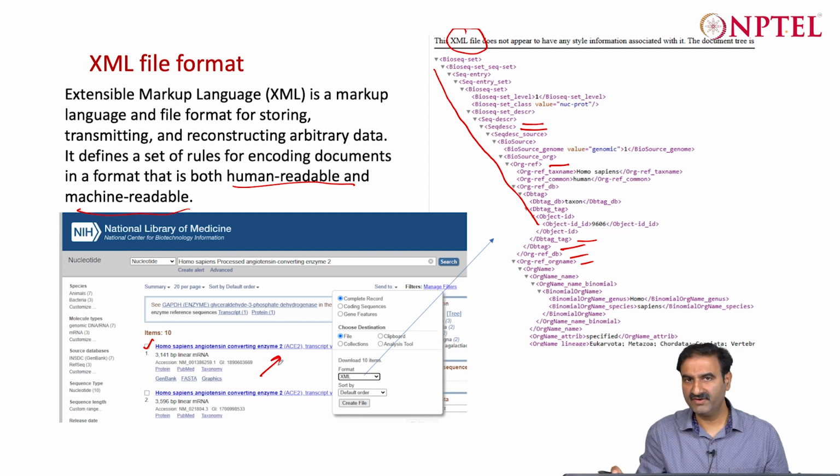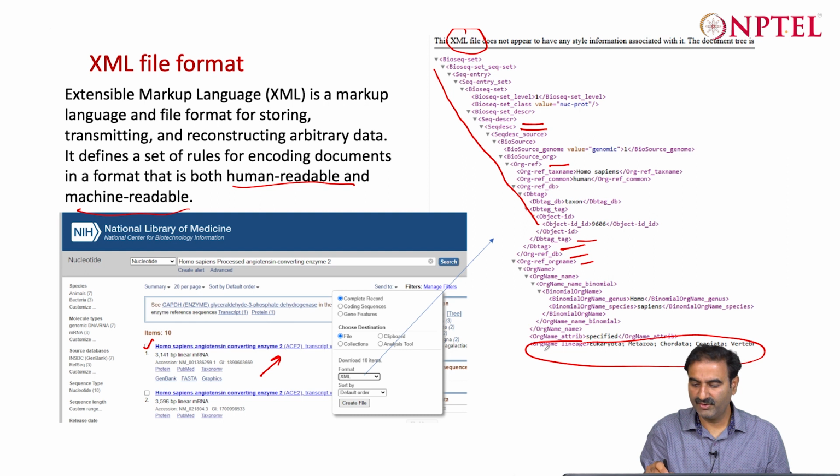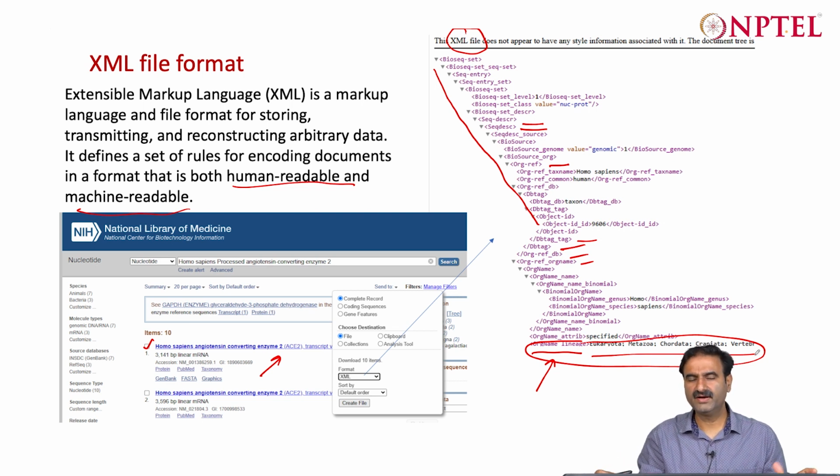Okay, so it's a bulky format, but it is very extensive, and then, for example, you are interested in which organism lineage it is coming from. You can know that there is a tag called organism name underscore lineage. So I will write a program that can extract this tag particularly in that file, and give me the information about the lineage, right. So that way it is very helpful for computational analysis.